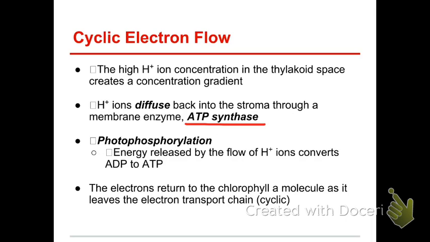And just based on its name, the fact that we call it ATP synthase, what do you think this enzyme then does? What is it going to make or synthesize? ATP. I always think of ATP synthase as like a water wheel. Like those old-fashioned water wheels that all millers used to have.